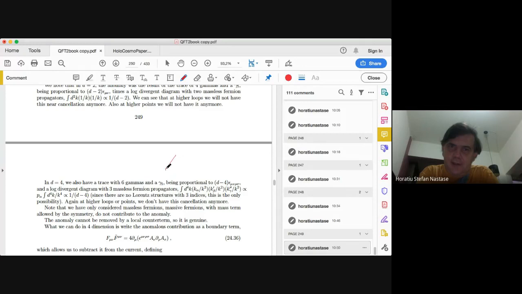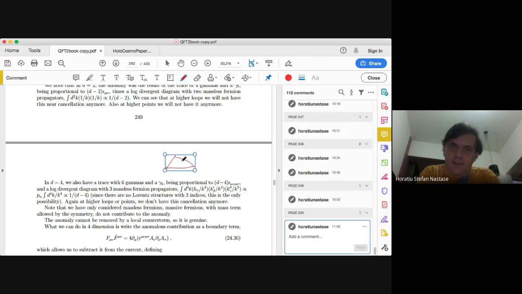I have 3 massless propagators, so something 1 over k, 1 over k, 1 over k, and then the integral d4k. But the momentum structure is actually k alpha over k squared, because we have k slash over k squared as a propagator.